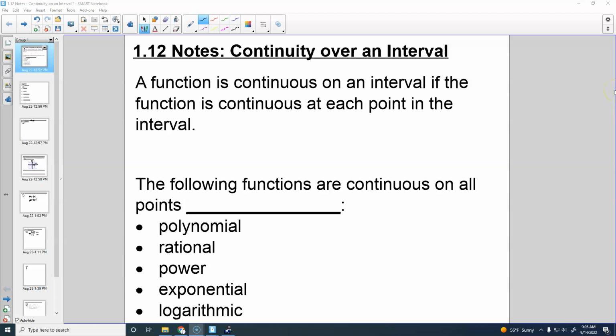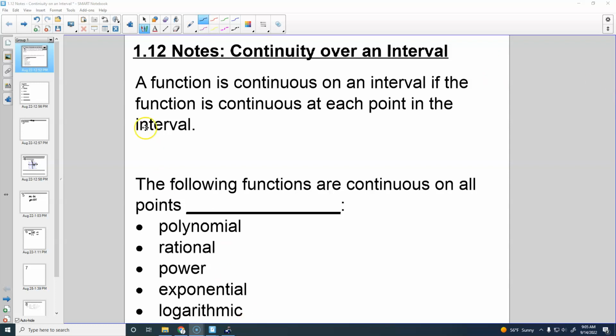Today is similar to what we were doing yesterday, but the questions are going to be worded a little bit differently. Okay, so today we're looking at continuity over an interval. Yesterday we were only looking at single points, so we wanted to know at 2, is this function continuous?